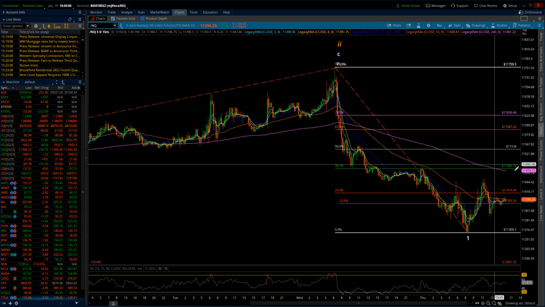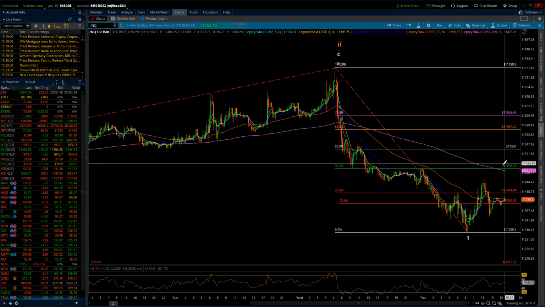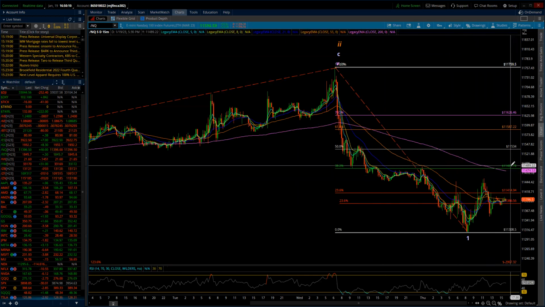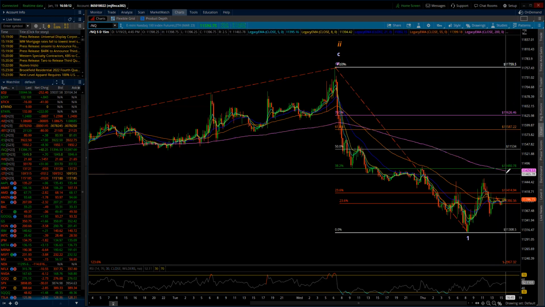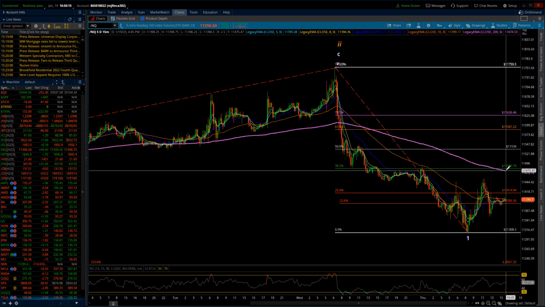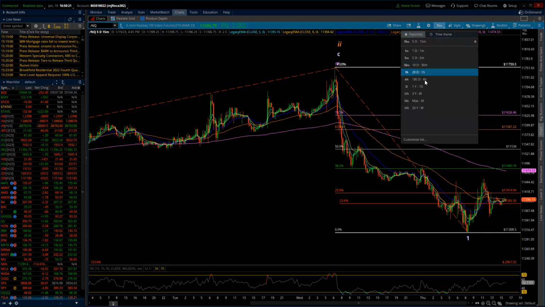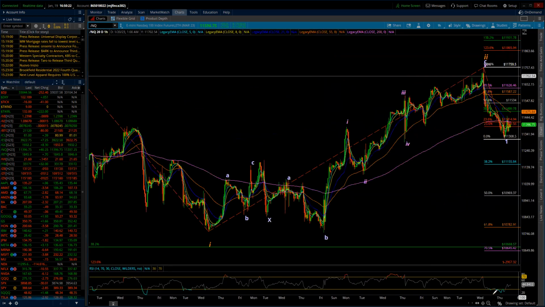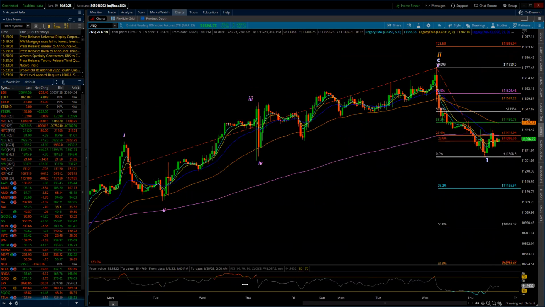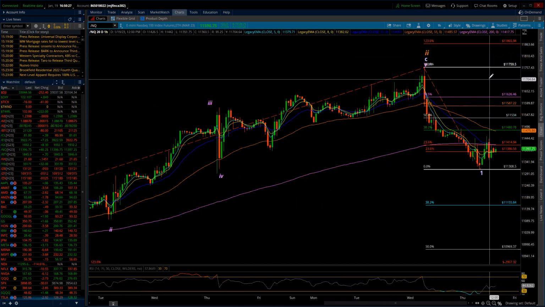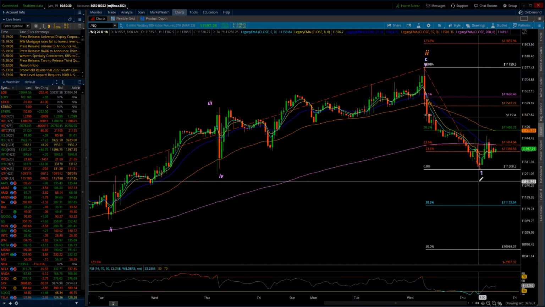At a minimum, again, I'd be looking for at least 3A2, which puts us up at 11,481-ish. Right, and we also got the 15-minute 200 sitting at 11,475. Let me take this back out to the hourly chart, because those are the moving averages that we talk about within our analysis.